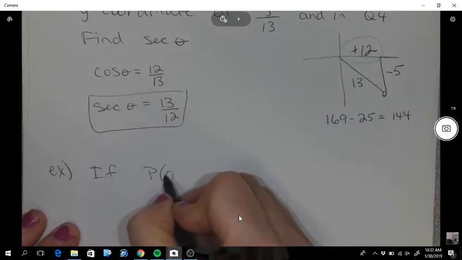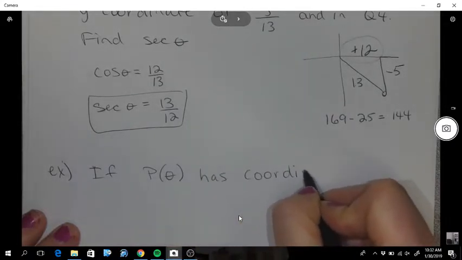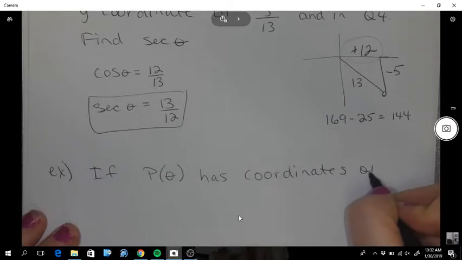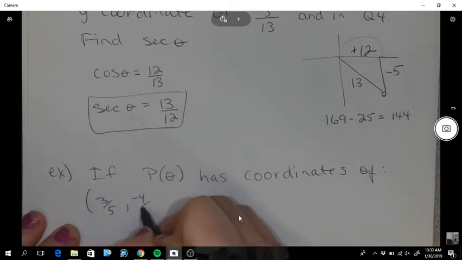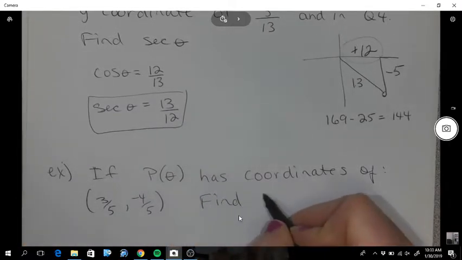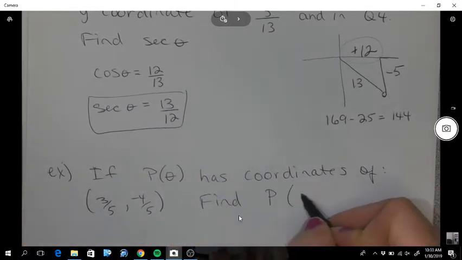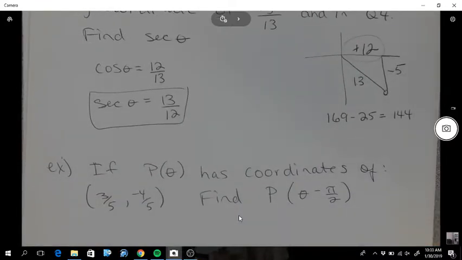If a point of an angle has coordinates of 3/5, negative 4/5, find the point coordinates of the angle minus pi over 2.